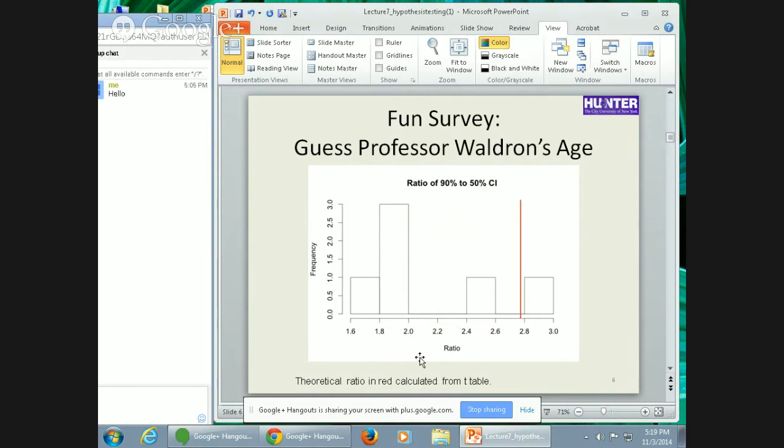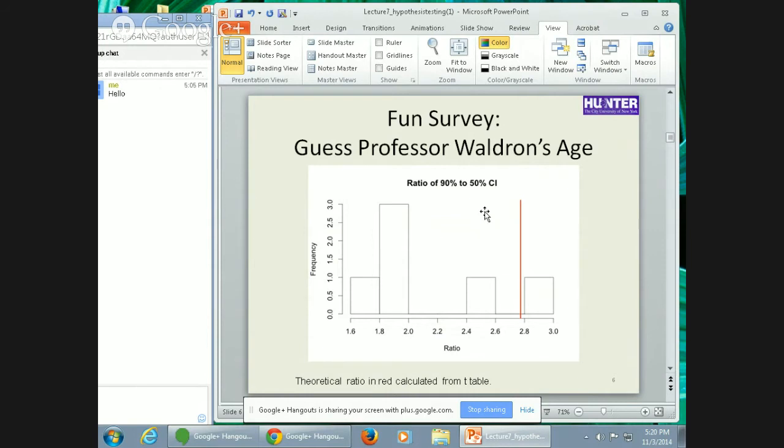And this is just from a t-table looking up this would be the quantile of the 25th, or the 25th percentile, and the 45th here.